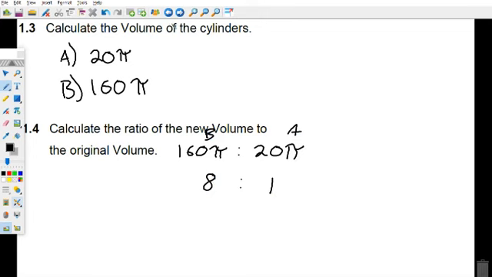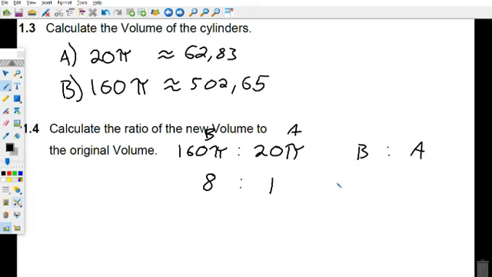What is 20 pi? 20 pi is approximately 62.83, and 160 pi equals 502.65. If I'm working with B to A, the new one to the old one, we have 502.65 to 62.83. To find the ratio, we divide by the smallest one.